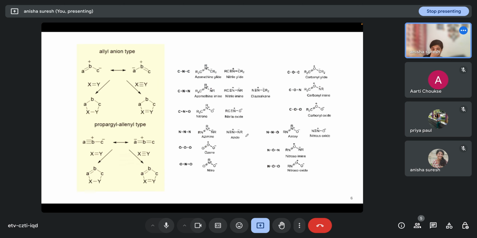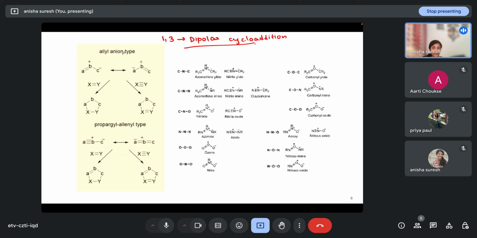Now coming to the 1,3-dipolar cycloaddition reaction. So this is also a 4 pi 2 pi cycloaddition sort of system. Here the 1,3-dipole can be of two types: allyl anion type or propargyl allenyl type.